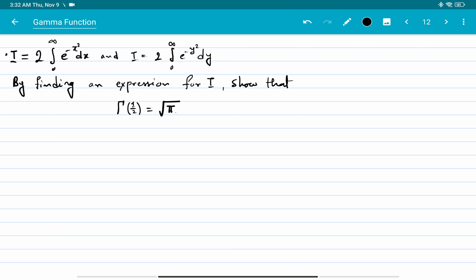So this gamma of half is given to you and you have to show this.